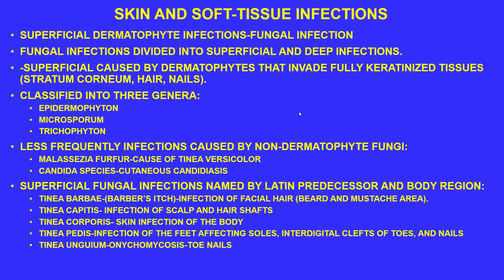They are Epidermophyton, Microsporum, and Trichophyton. Less frequently, infections are caused by non-dermatophyte fungi. For example, Malassezia furfur, and we're going to talk about this very briefly. This is going to cause Tinea versicolor. And that causes literally a change in the color of the skin.